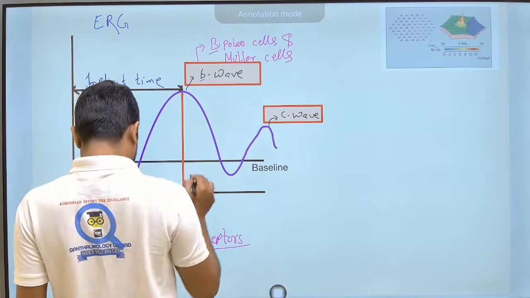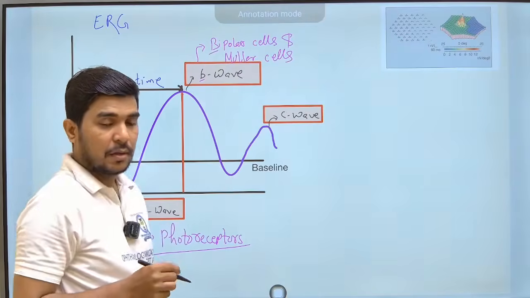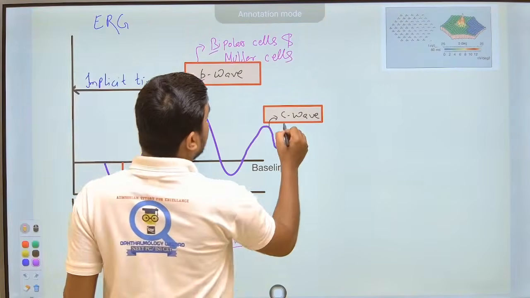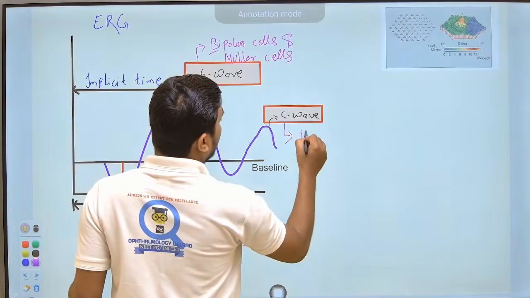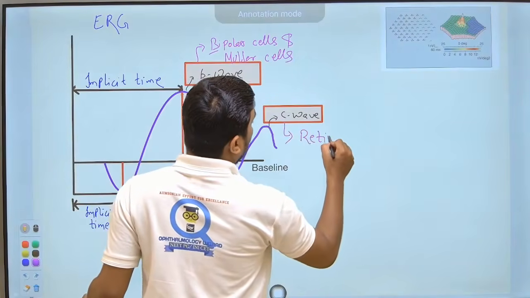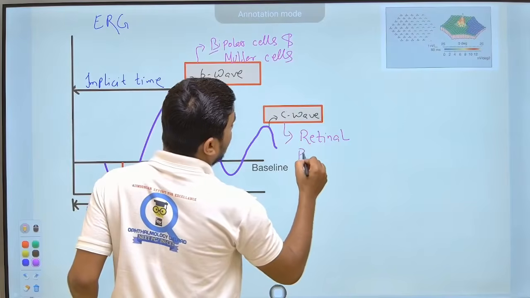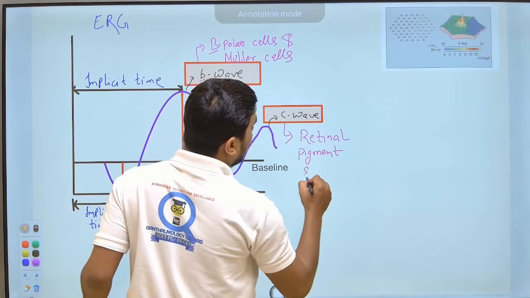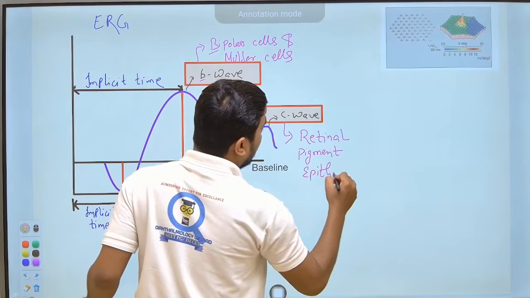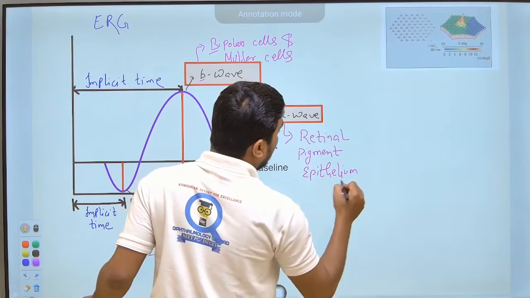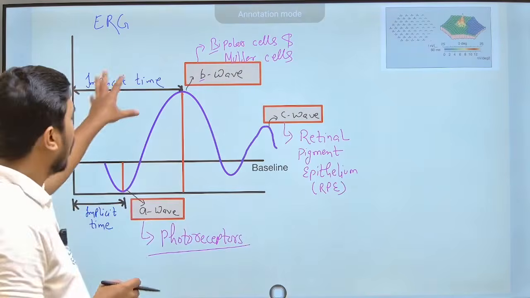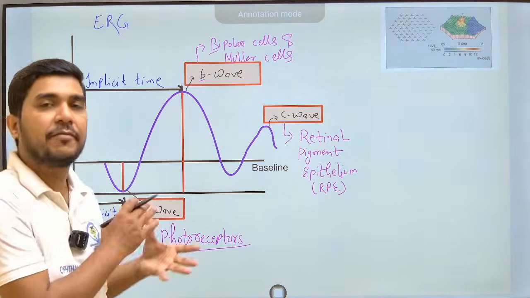Correct? C wave is a function of retinal pigment epithelium, RPE. So basically these are all functions of different things.